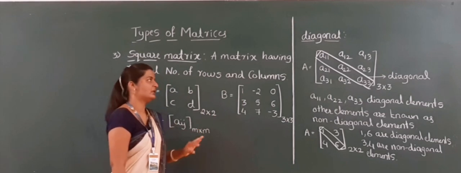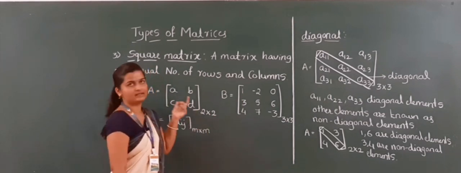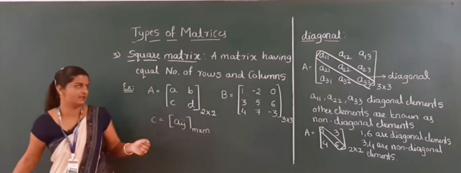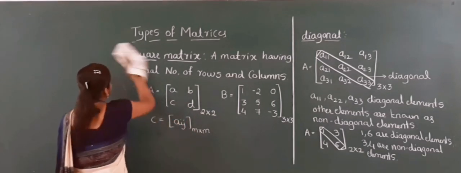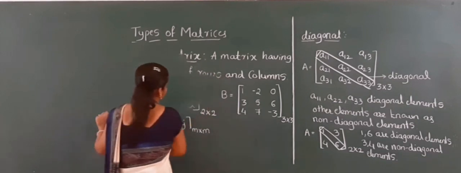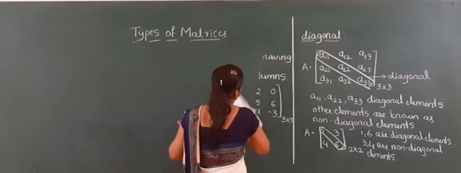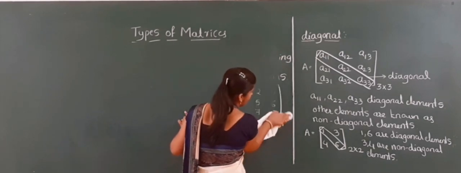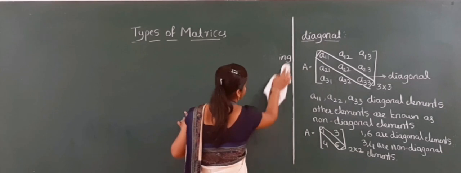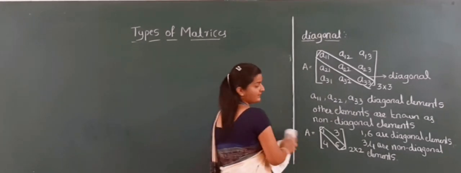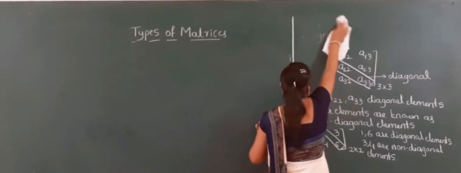Understood? So, in the exam they may ask what is a square matrix or define the square matrix. Okay? So, please note down. Up to this we have completed 3 types of matrices, that is row matrix, column matrix and square matrix.